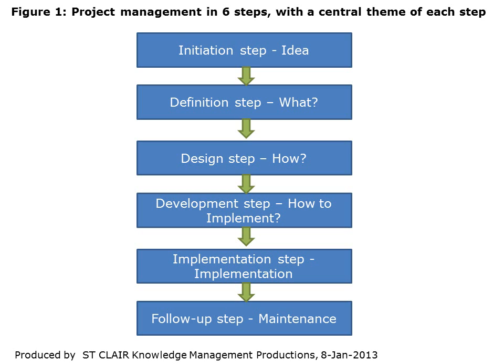The final step of the six-step process is the follow-up step. So your project has gone live, it's been implemented, and it's being used. During this step, everything is arranged that is necessary to bring the project to a successful completion.